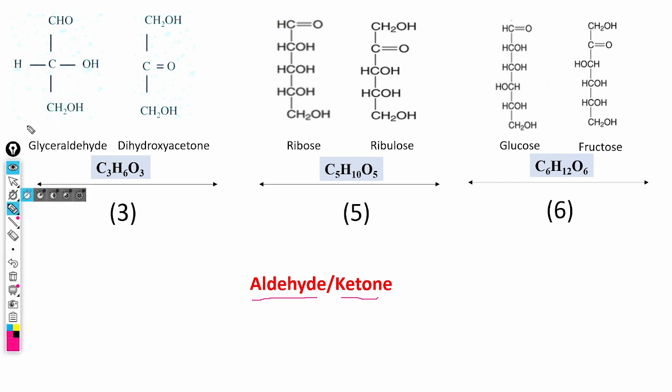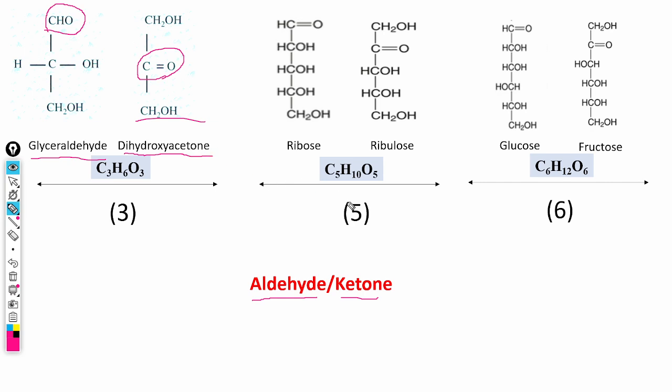Both these structures have the same formula C3H6O3, but it is found in two different forms: one in the aldehyde form and another in the ketone form. In the triose, if it is present in the aldehyde form, it is called glyceraldehyde. If it is present in the ketone form, it is called dihydroxyacetone.